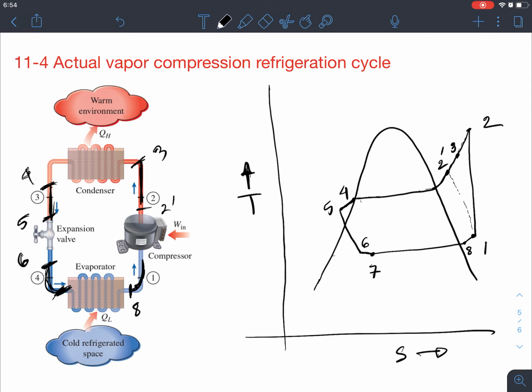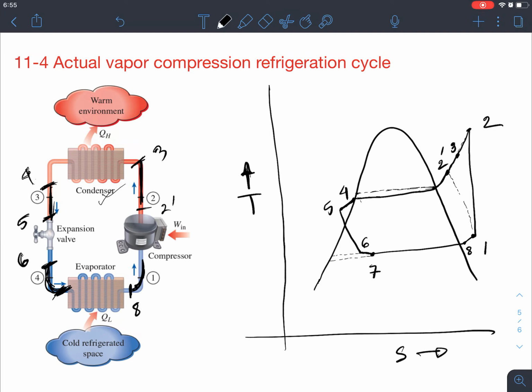Now we see there is a slight difference between these two pressure lines. The pressure drop is happening from 6 to 7, in this duct, and also in this line, so this is not a constant pressure. The pressure is dropping in the condenser during heat rejection as well. That's the difference between the actual cycle and the ideal cycle.